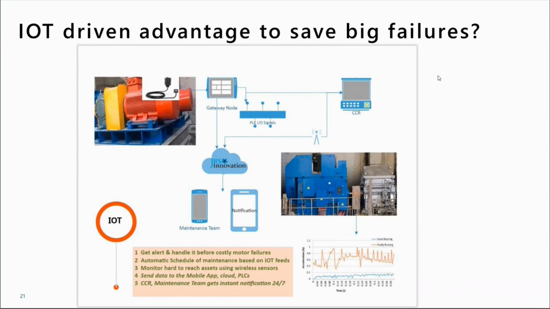For example, here, a wireless vibration sensor is put in place, taking both axle information and quickly analyzing the changes in the vibrations.